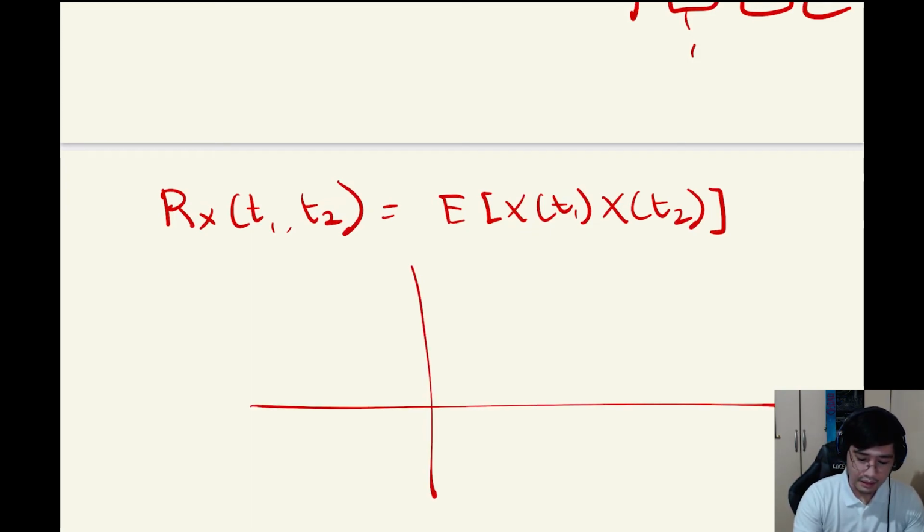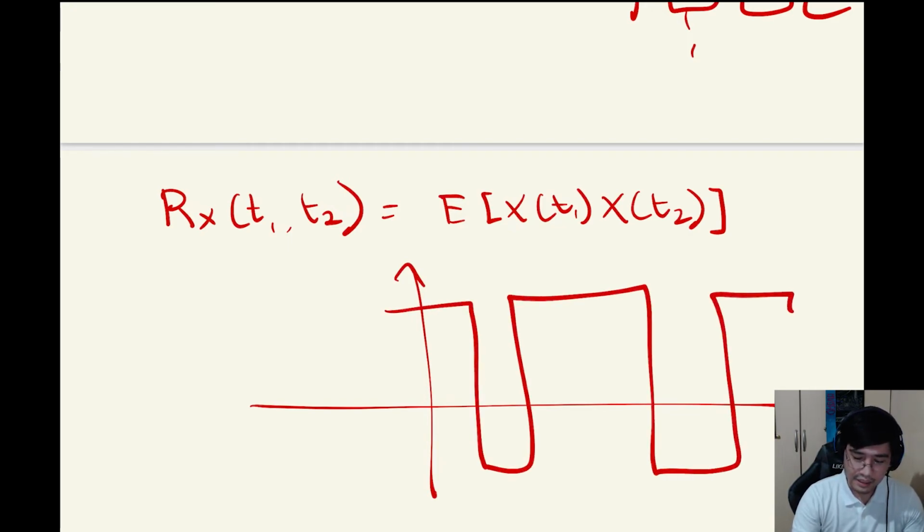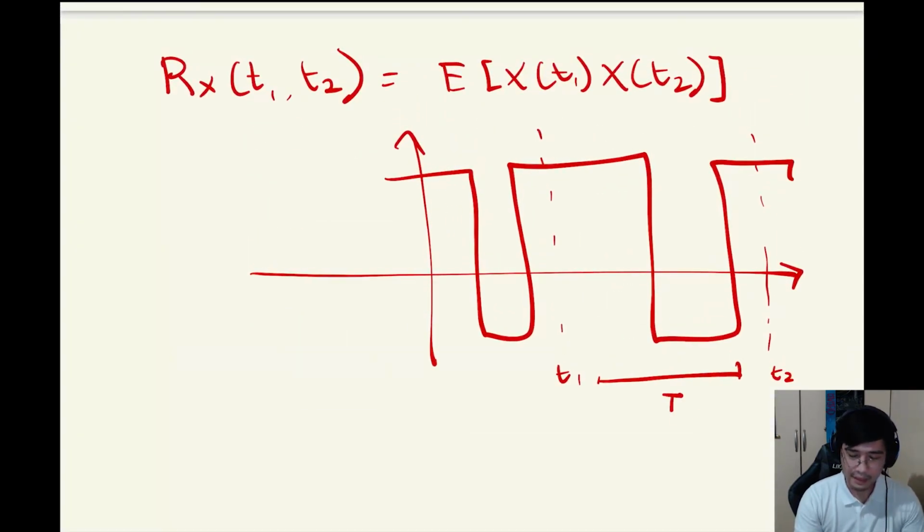We have here our random process. For example, we take two time instances here, t sub 1 and t sub 2, separated by, let's just say, tau. The product of these two random variables, or these two outcomes, will be equal to positive 1 if we have similar values. So let me just write that.